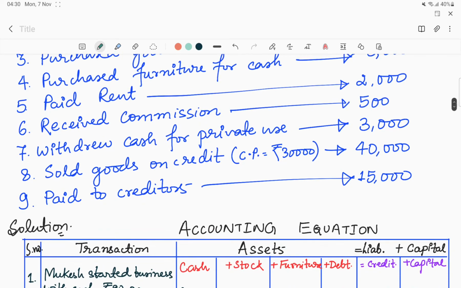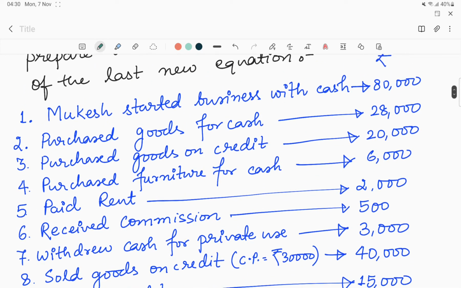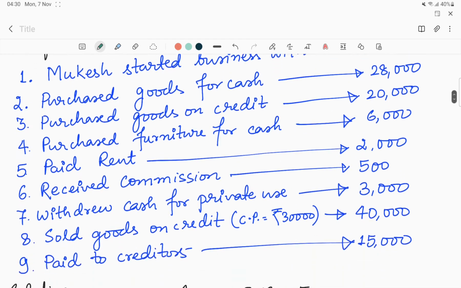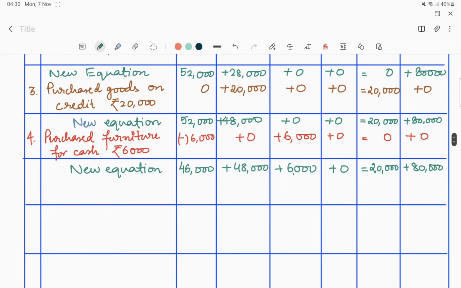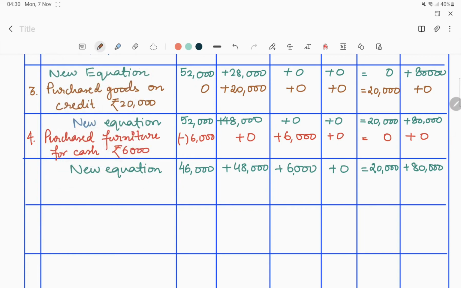In the fifth transaction, Mukesh is paying rent for his business. So he would have bought some place for his business, so he has to pay some rent. This rent is costing him 2,000 rupees. So first we are going to write serial number as 5.